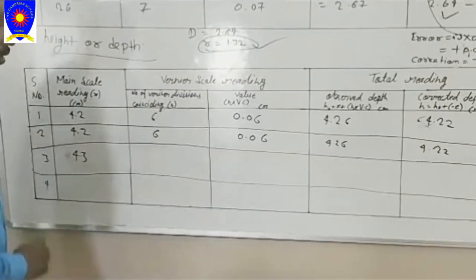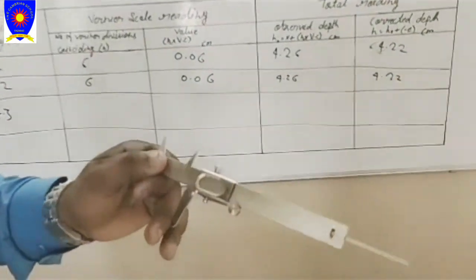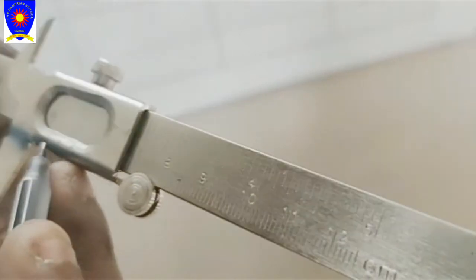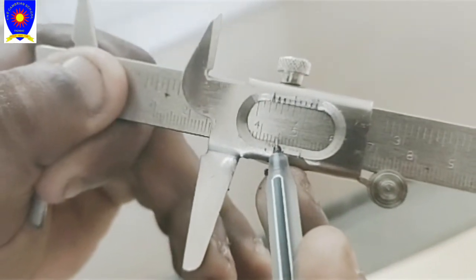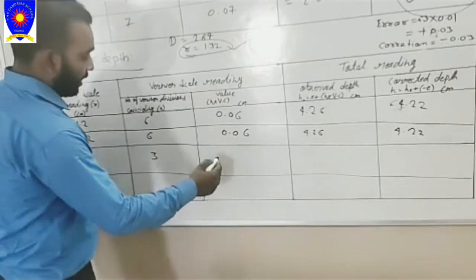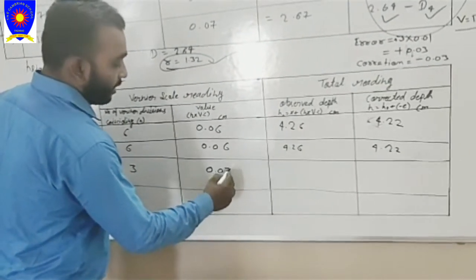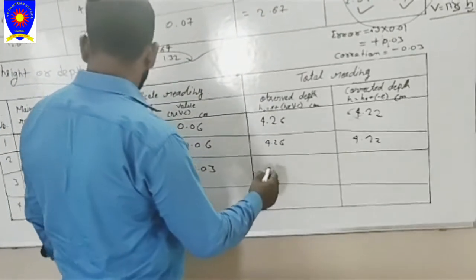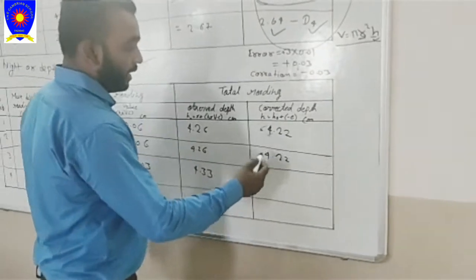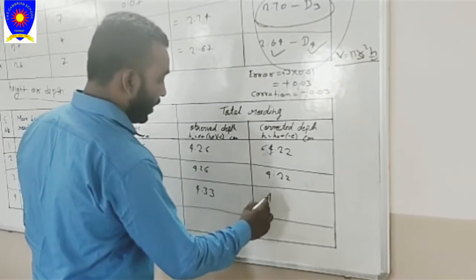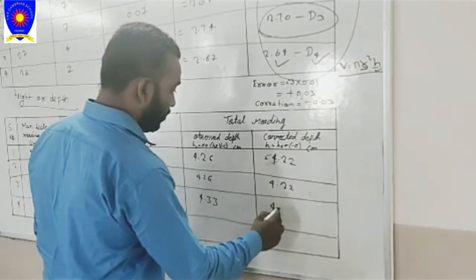So at the place of main scale reading right here 4.3 and we are looking that its third division is coinciding with the main scale. So right here 3. So its reading will be 0.03 or you can say 4.33. So its value will be 4.2.